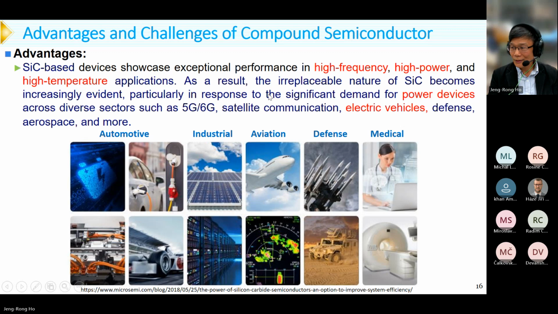So it will be a very important semiconductor material in response to the developing and future power devices and high speed communications devices.